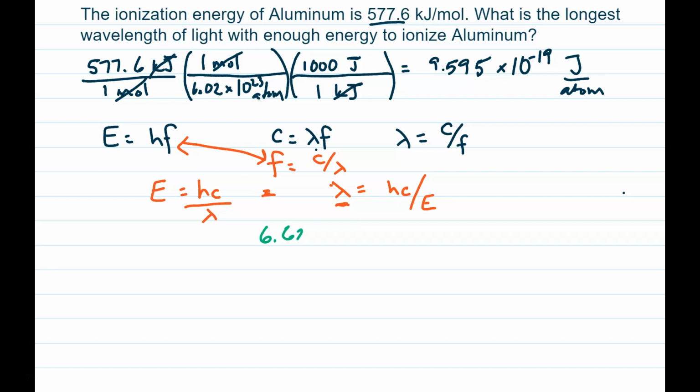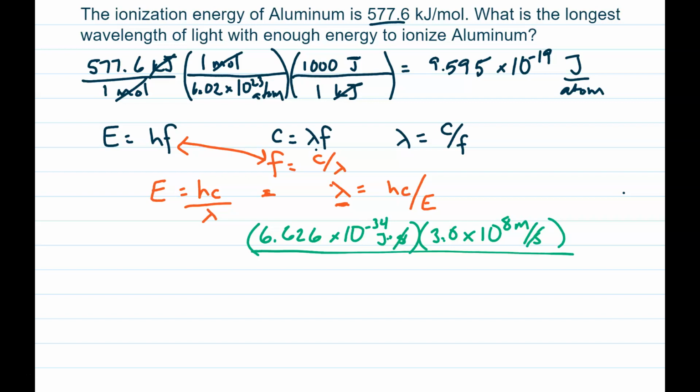H is 6.626 times 10 to the negative 34 joule seconds. Okay, C, that's a constant, 3.0 times 10 to the 8th meters per second. And now I notice I have a second and a per second, so that will cancel out. Divide that by the energy, which I just calculated was 9.595 times 10 to the negative 19th joules.